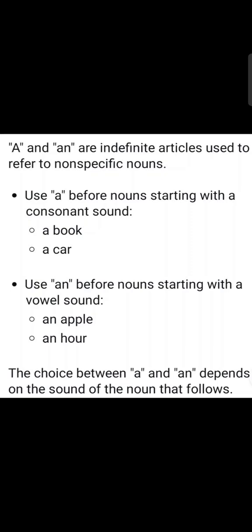Again, hour starts with the initial letter H, which is a consonant.